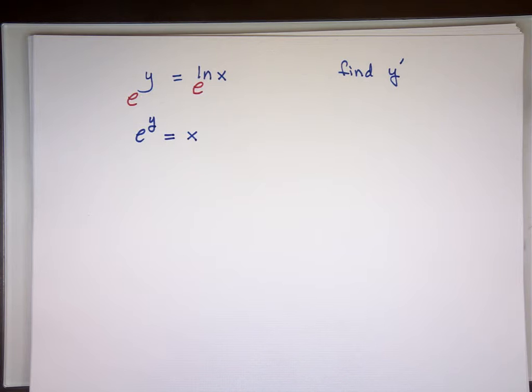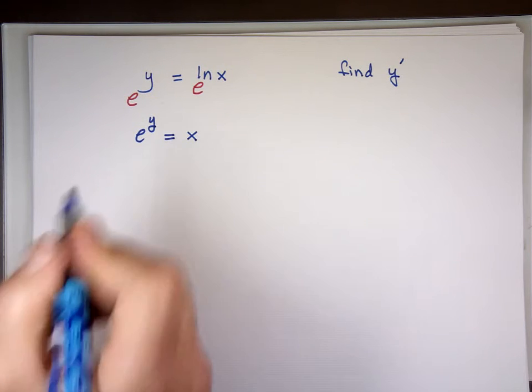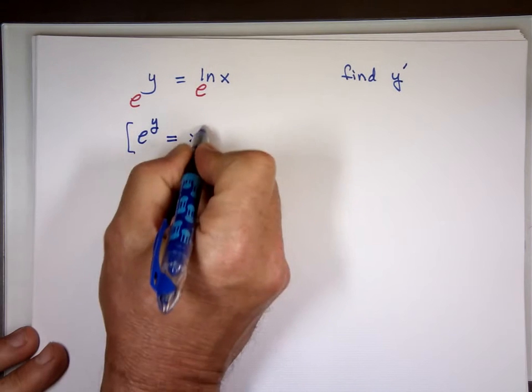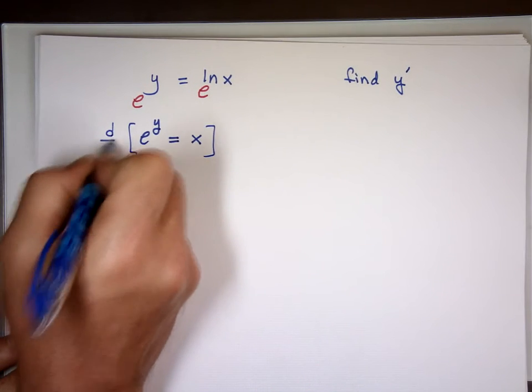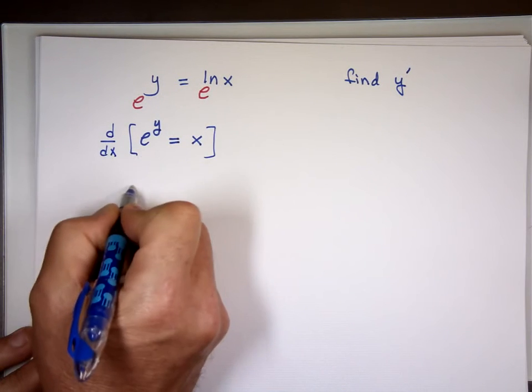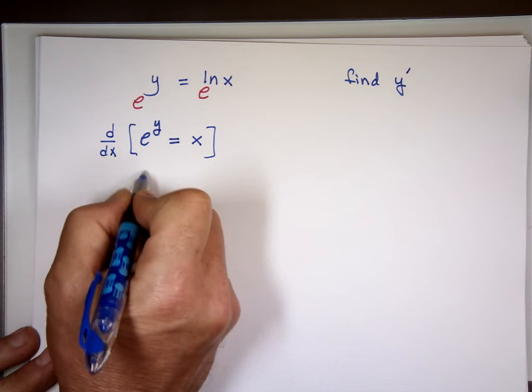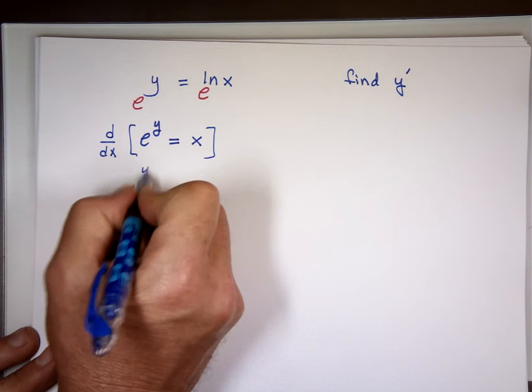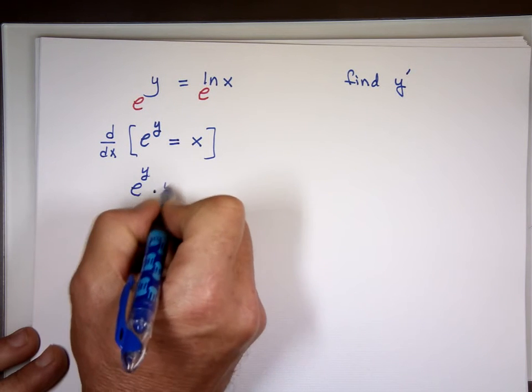Now take the derivative of both sides with respect to x. The derivative of e to the u is e to the u, except we're using y here. It's e to the y times what? y prime.